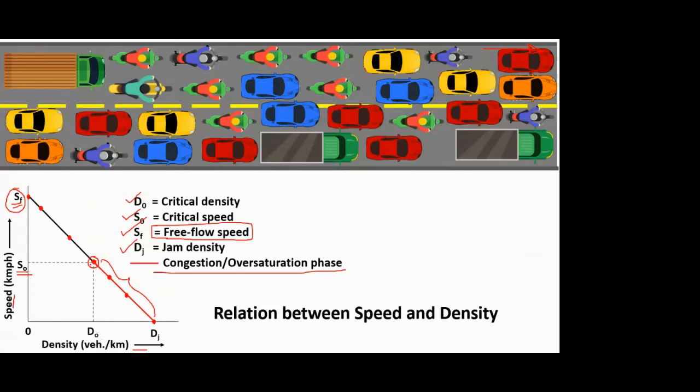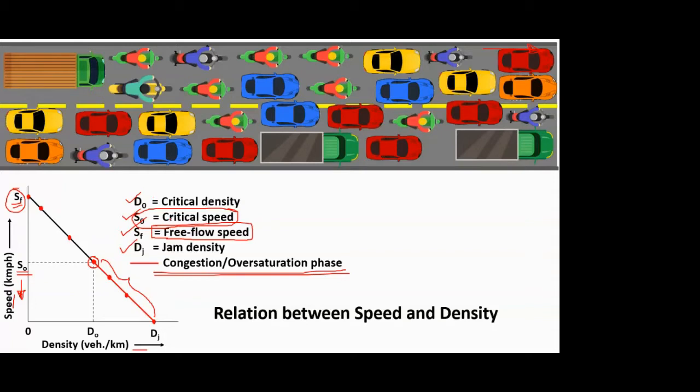That's why the speed which is less than SO will be the speed of the traffic stream in the congestion phase or the oversaturation phase. SO is termed the critical speed because until this speed there is no problem for any driver in the stream to travel at this speed or greater.